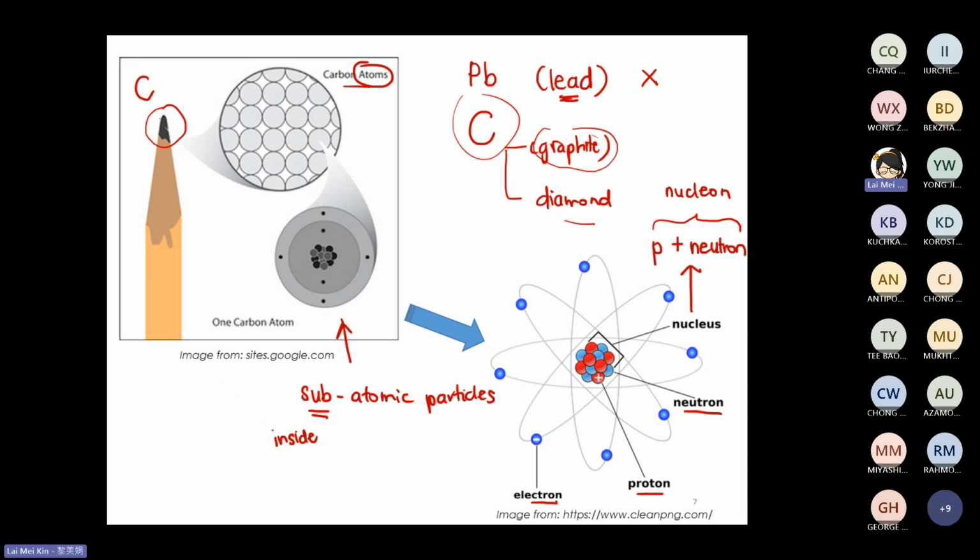What do you think is the charge in the nucleus? Positively charged, because your proton is what charge? Okay, proton is positive charge. What about your neutron? Neutral, okay, no charge. What is the charge of your electron? Negative. Okay, is there any mass to your proton? It's considered heavy, around 1.